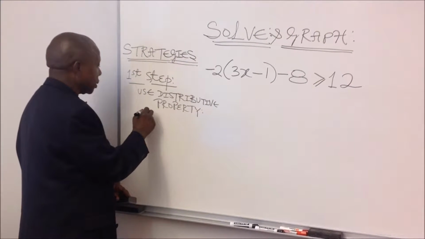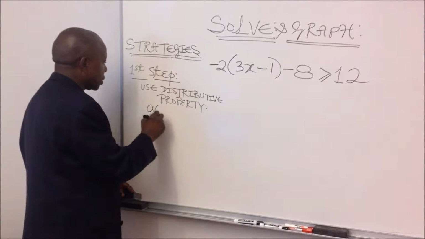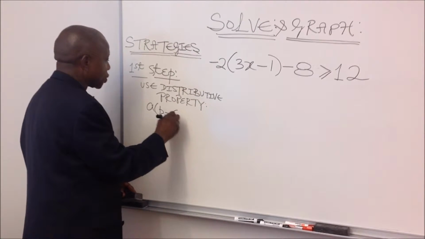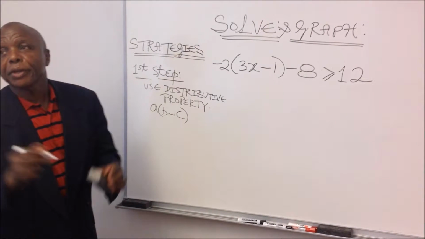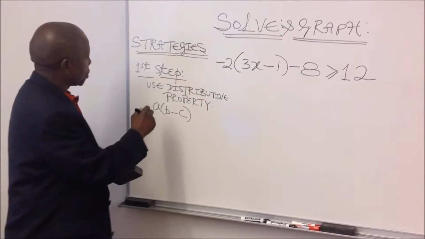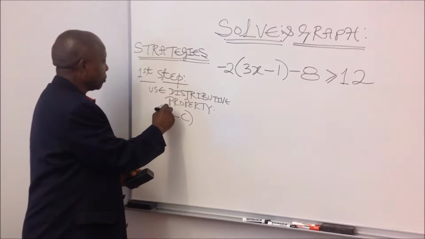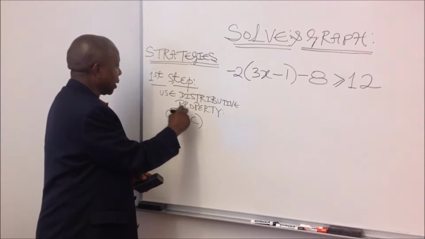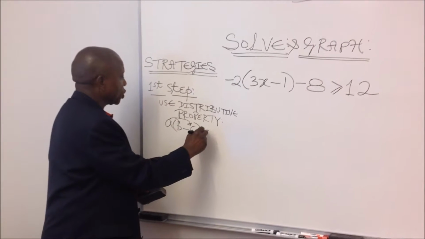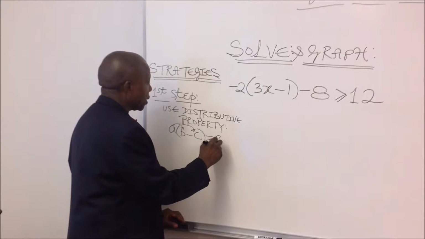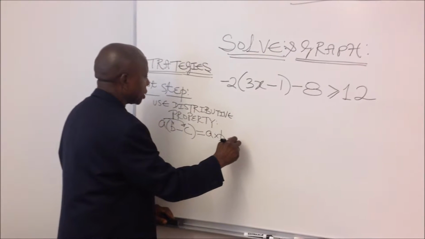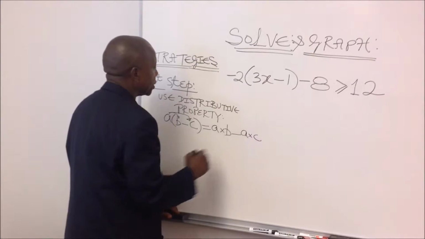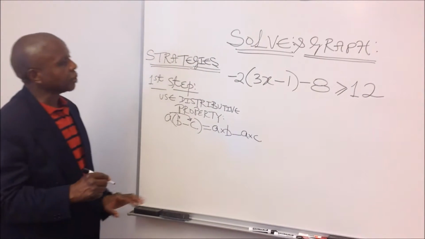That says that if we have A times B minus C, where A, B, and C are any real numbers, we can multiply A by B and then A by C, which is the same thing as A times B minus A times C. And this is known as the distributive property.